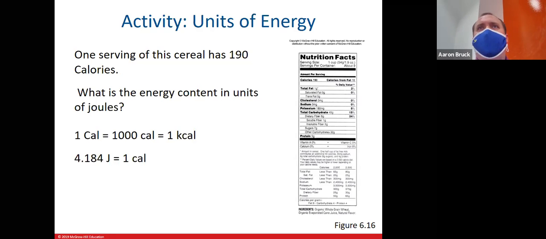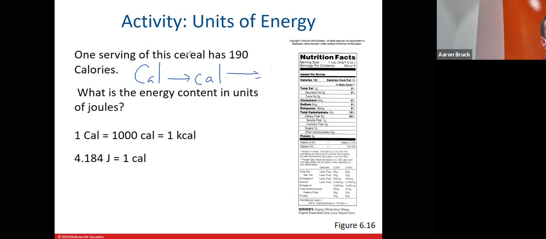These are just conversion problems. We've done conversion problems in the past. All that we need to do is make sure that we're using the correct conversions in the correct ways. So if we have big C calories, we should be able to convert that to little c calories and convert that into joules. Because I have a conversion between big C calories and little c calories, and I have a conversion between little c calories and joules.